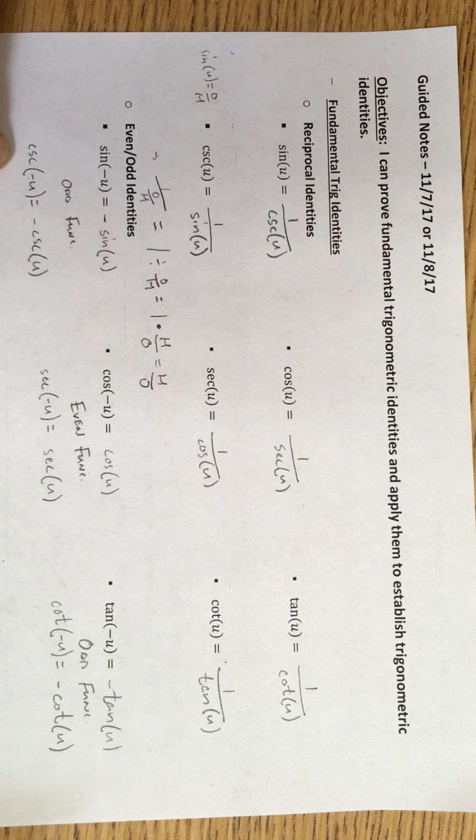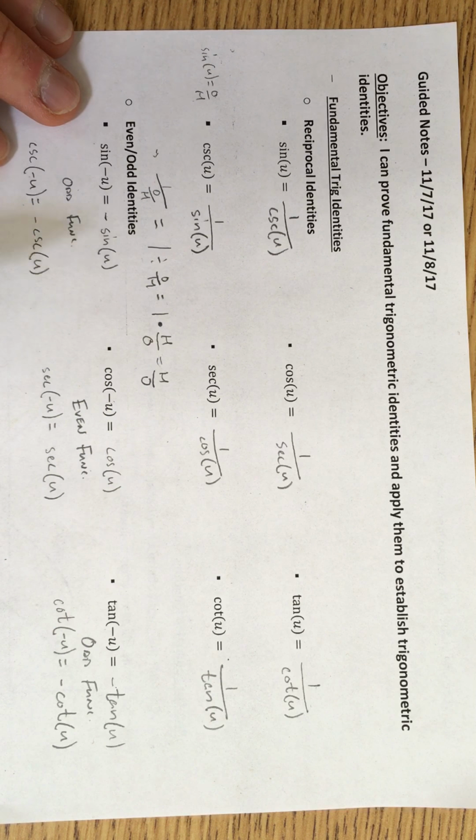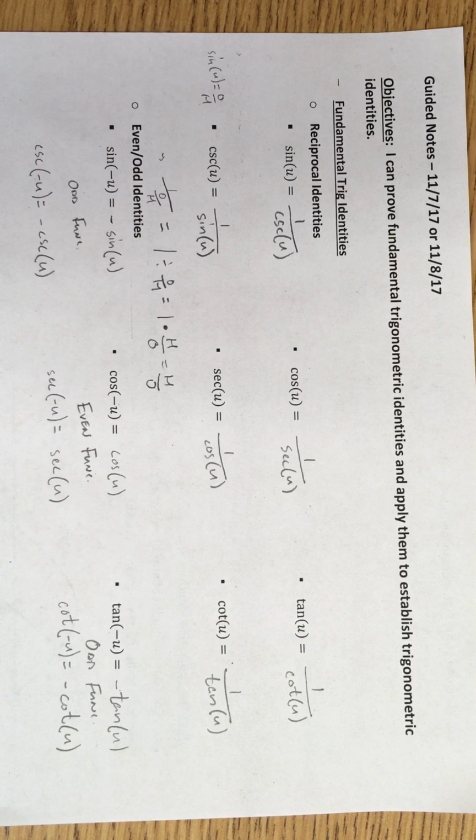Cosine and secant are even functions, which means that the negative actually goes away. We don't have to deal with the negative because they are even functions. I'm not going to explain too much about that now. We'll talk more about odd and even functions next semester. It's just another tool in our tool belt.